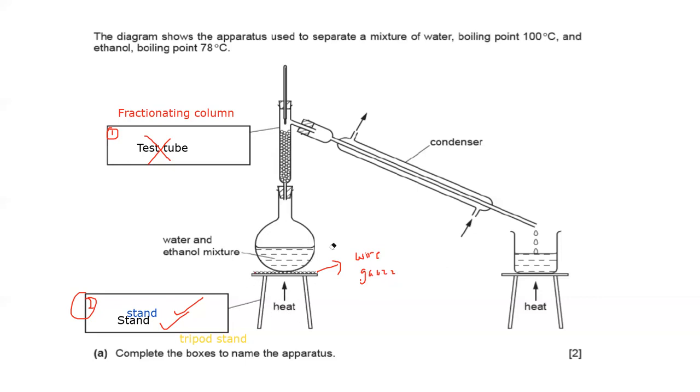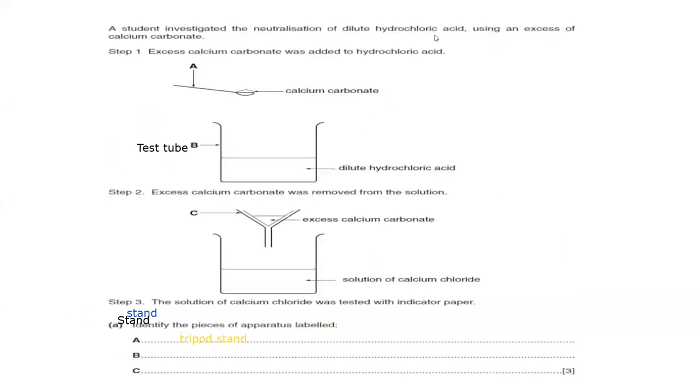The net is known as a wire gauze. The heat which we supply, we can supply by using an electrical heater, or we can use a burner. What is the apparatus A called? Identify the piece of apparatus. That is a spatula, right?